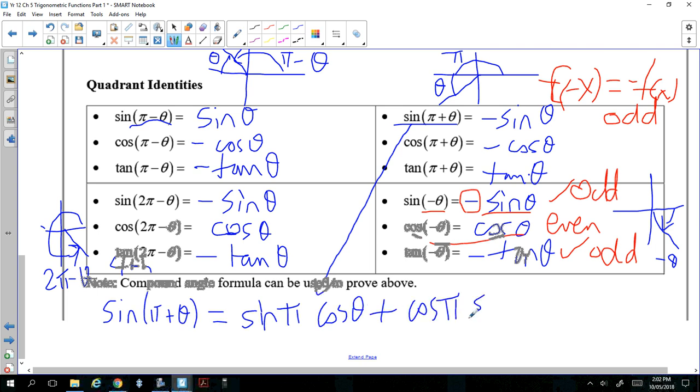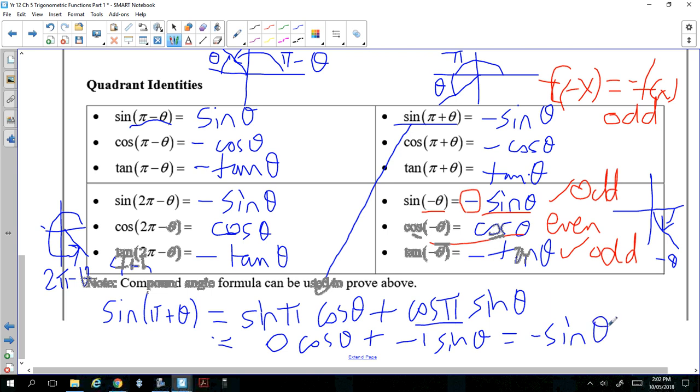What's sine pi equal to? Sine 180 is 0. So 0 times cos theta plus cos pi, which is -1, times sine theta. So you get negative sine theta as expected. Or you can think of it in terms of quadrant, which will be quicker. Or you can use the extension 1 formula, 3U.